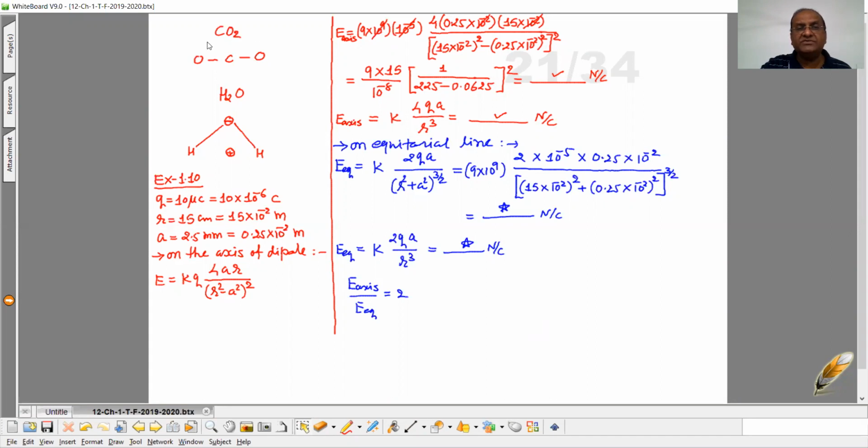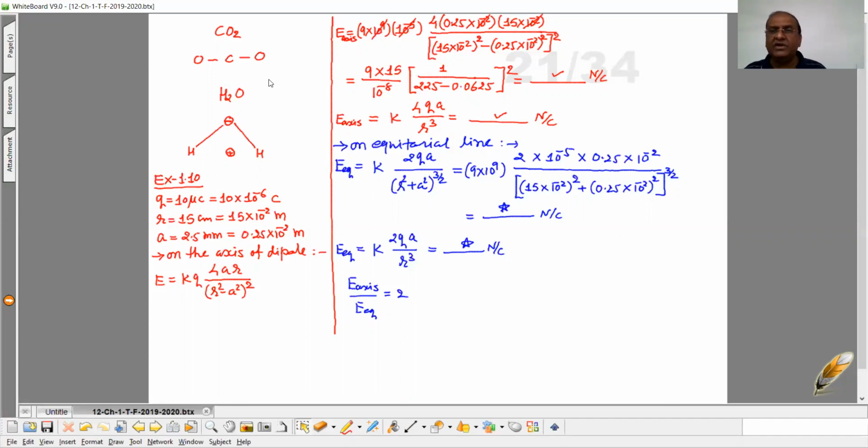The structure of CO2 is such that the centers of positive and negative charges coincide. These type of molecules are called non-polar molecules. So they do not possess permanent electric dipole moment. But no doubt, in the presence of electric field, the dipole moment is induced in it.